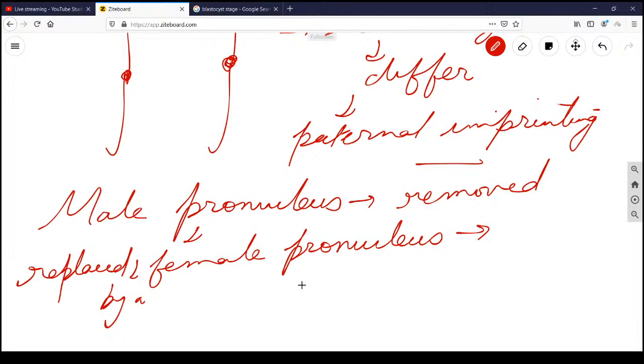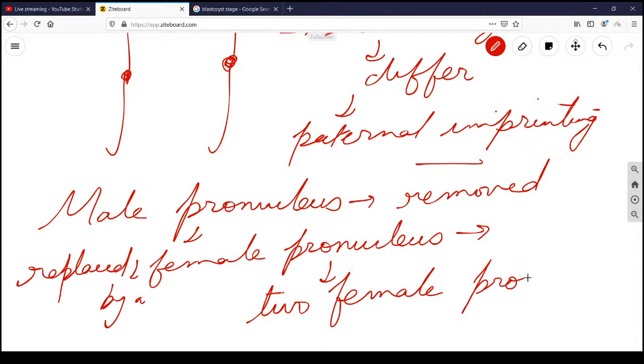That would lead to the zygote having two female pronuclei.